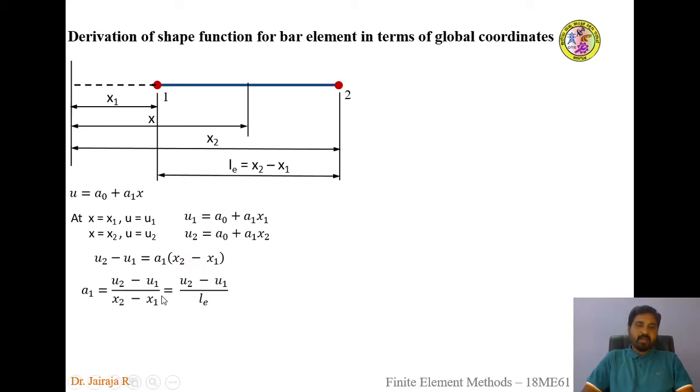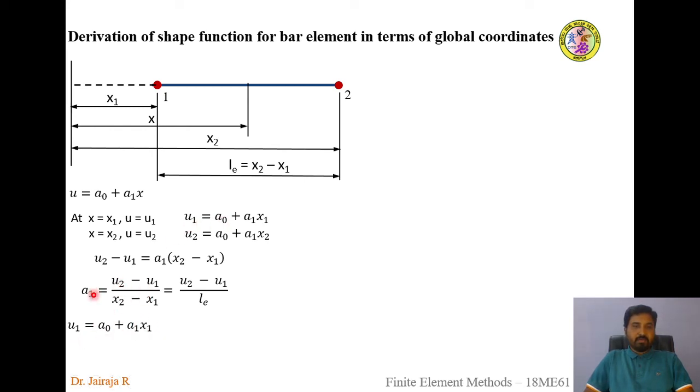From these two equations, u2 minus u1 is equal to a1 times (x2 minus x1). This can be rewritten as a1 is equal to (u2 minus u1) divided by (x2 minus x1), and we know that the length of the element can be represented as x2 minus x1. So a1 is equal to (u2 minus u1) divided by LE. We know u1 is equal to a0 plus a1 x1.